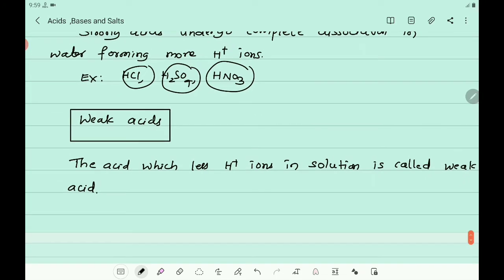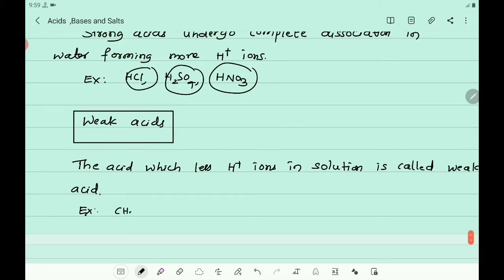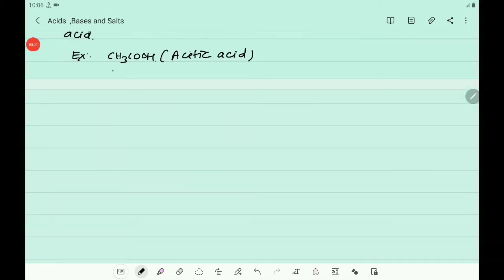Examples you can take: acetic acid, CH3COOH, and H2CO3, that is carbonic acid. It is also a weak acid.